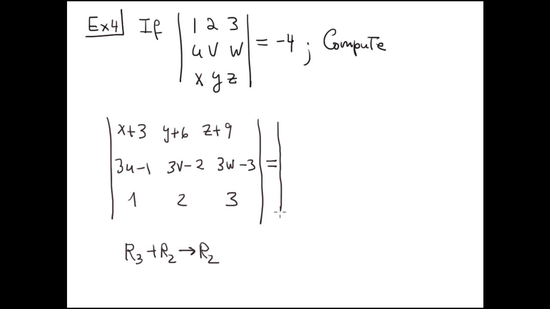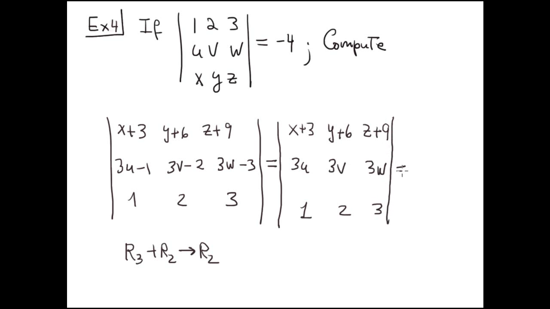So when you are doing this operation, row 1 stays the same, row 3 stays the same. The only row that changes is row 2. So when you add, this is cancelled, this is cancelled, and this is cancelled, and what stays is 3u, 3v, and 3w.